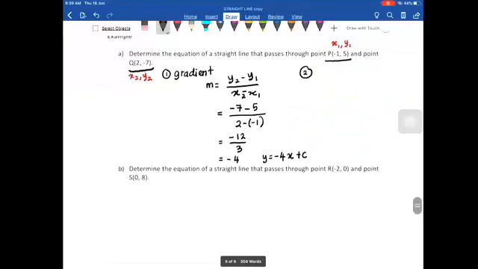Okay, so kita check. Adakah P and Q berada di atas straight line? Ya atau tidak?